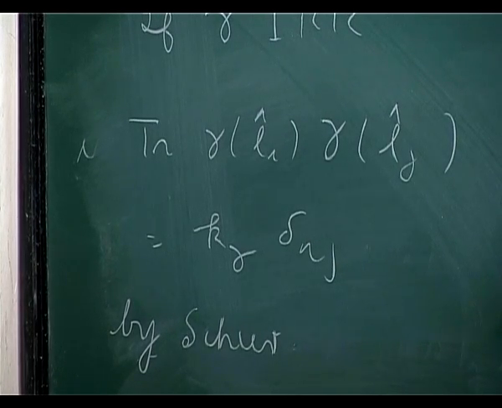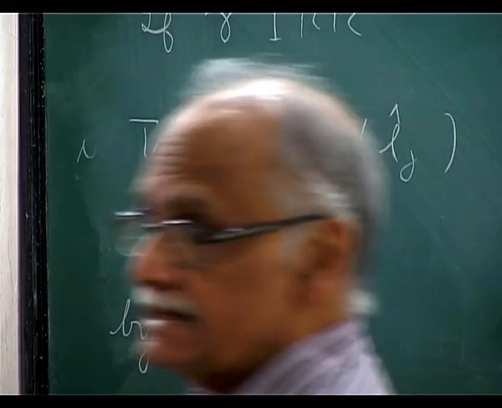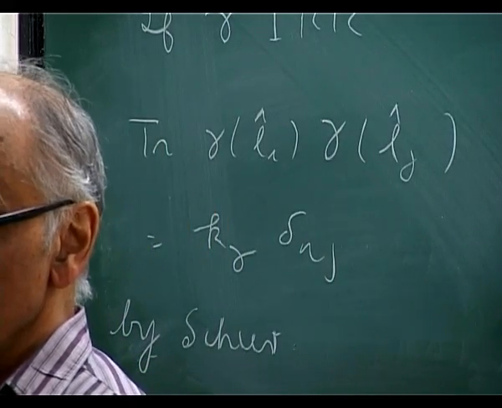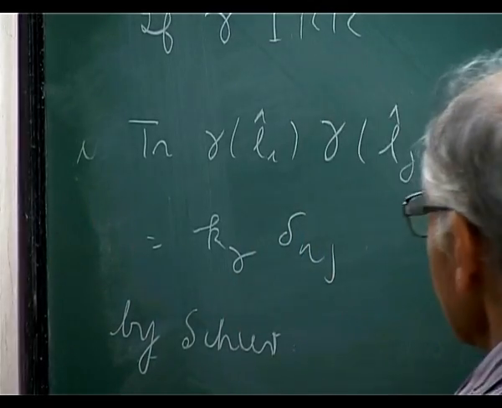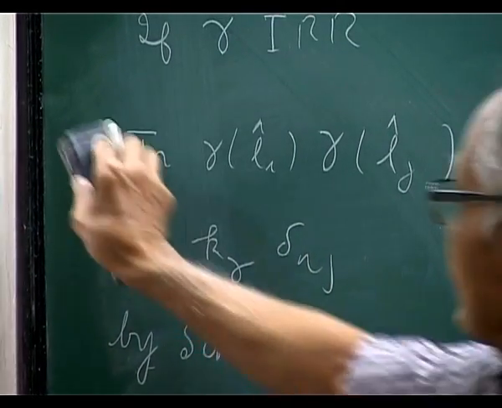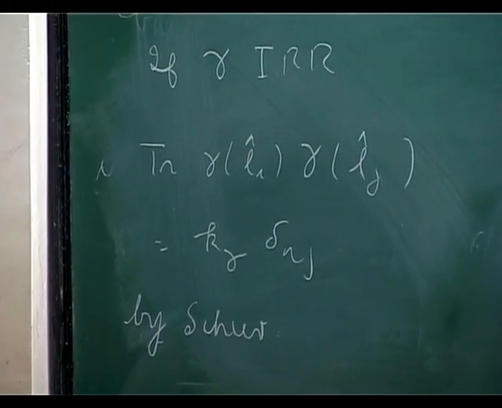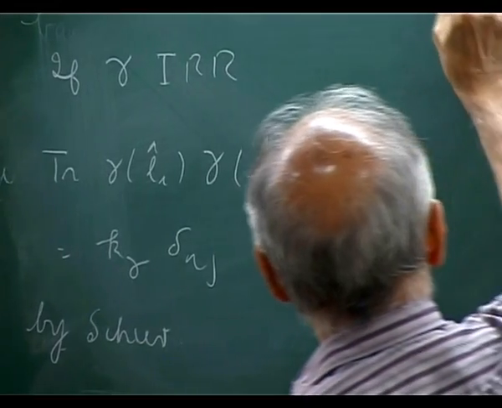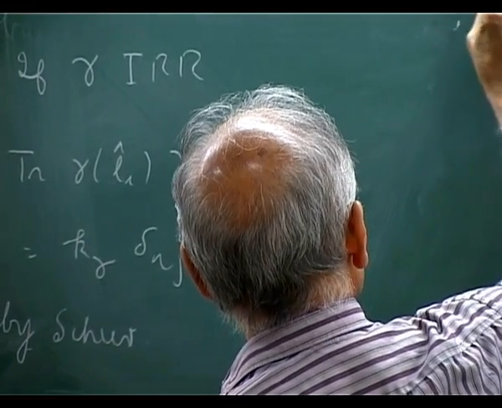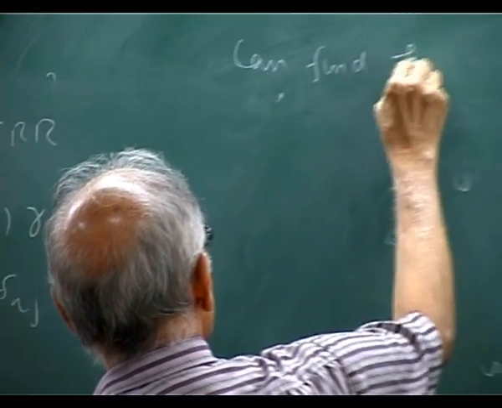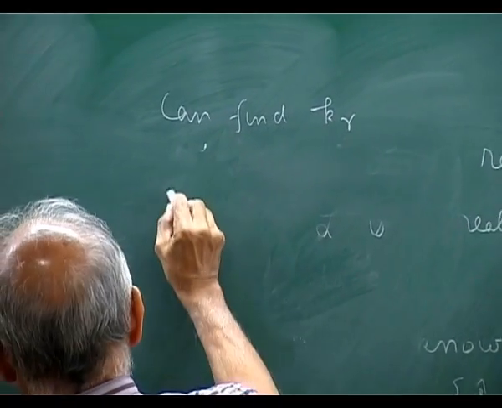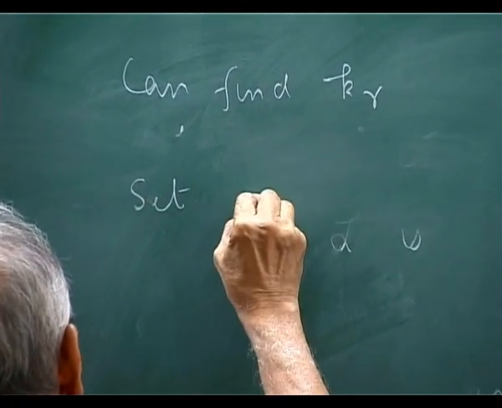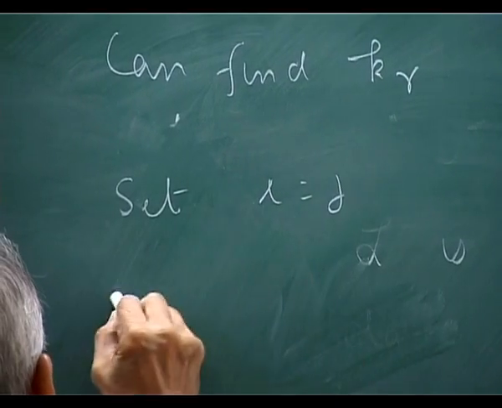So by Schur, there is a special basis with which we can diagonalize the Cartan-Killing form with eigenvalues that are all equal. In fact, we can actually evaluate this. We can find what is k gamma. What do I do? Set i equal to j and sum.